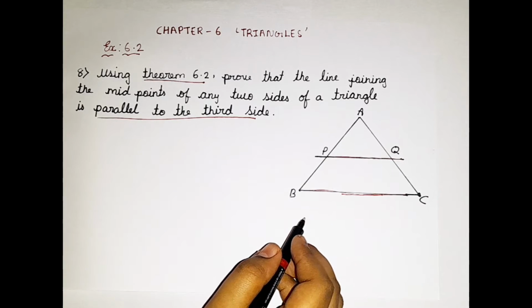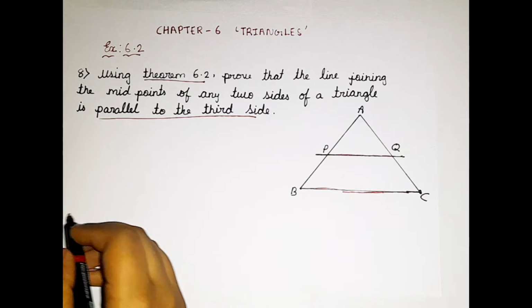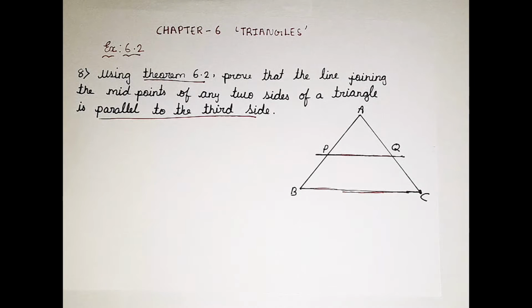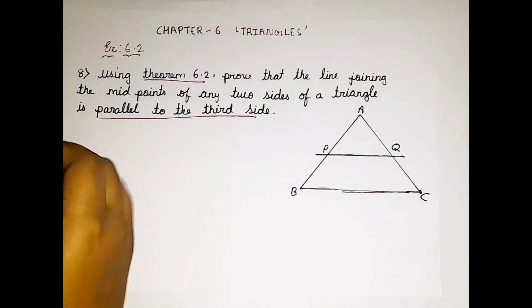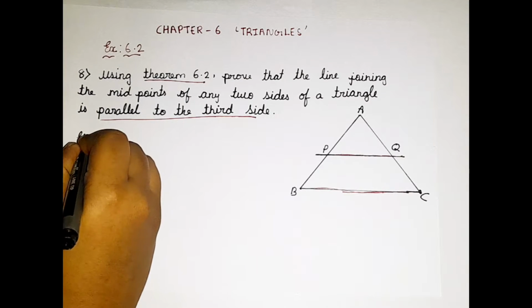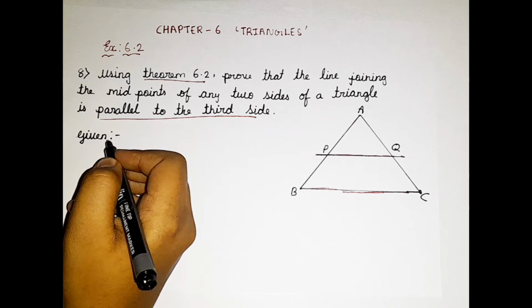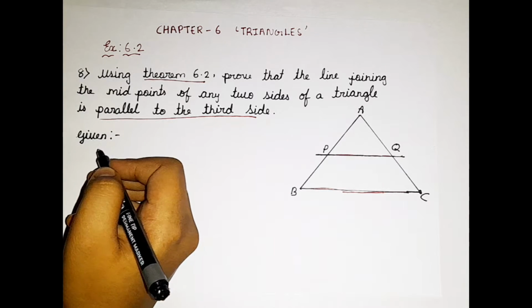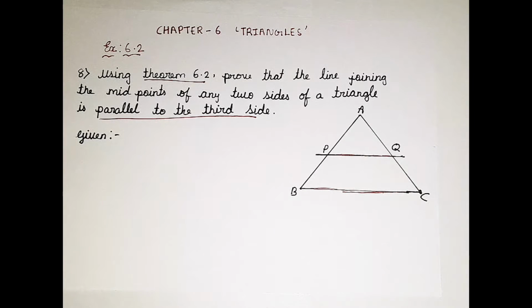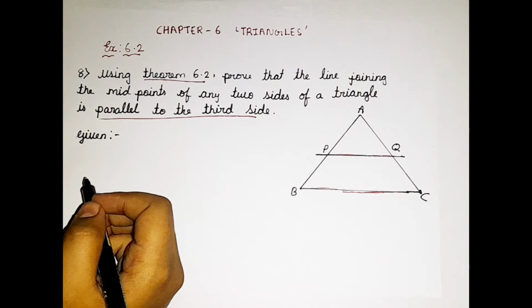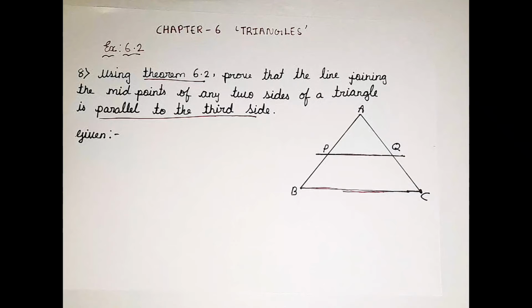So first of all, before getting into the answer, we usually write the given values and what we are supposed to prove. So now let us write that. What are the given values? According to the question, you guys might be wondering it is really hard to find the given values, but it is really easy.